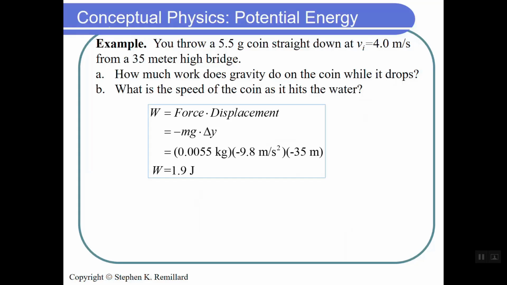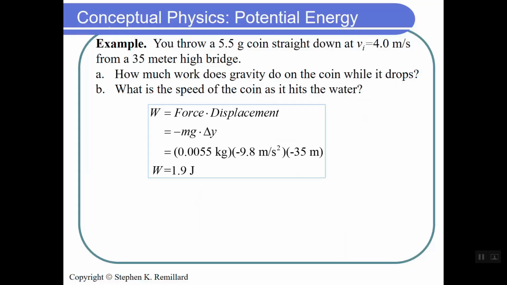Mass is 5.5 grams. Remember, you divide by 1,000 to get kilograms. 0.0055 kilograms times the acceleration, which is minus 9.8. The acceleration is minus g, times delta y, which is minus 35 meters.